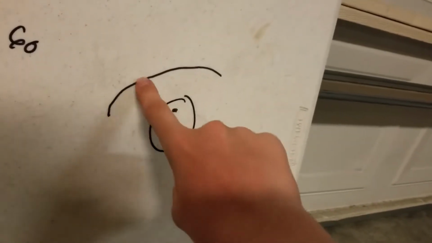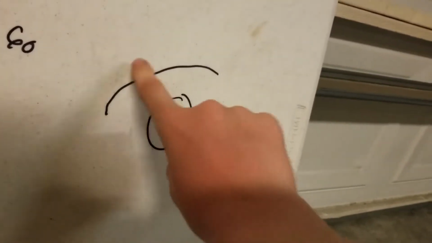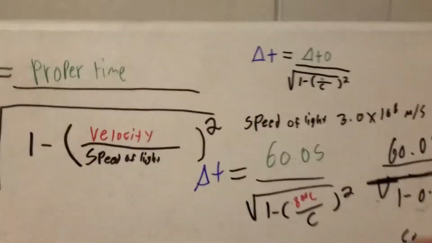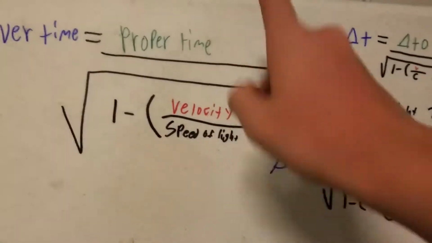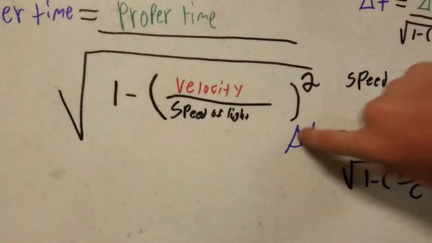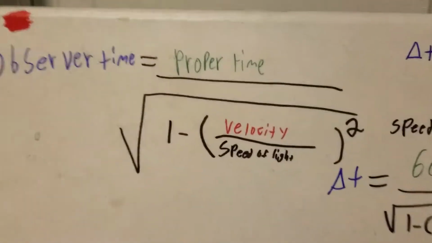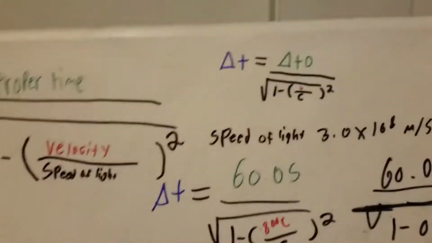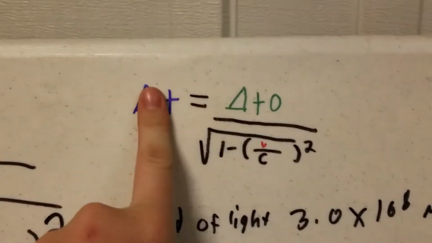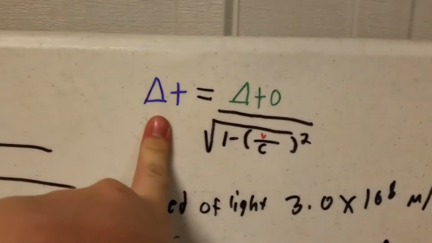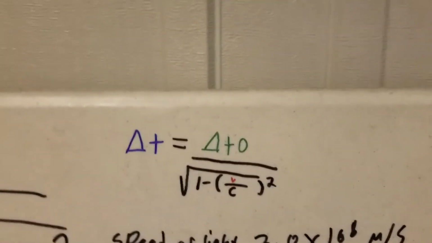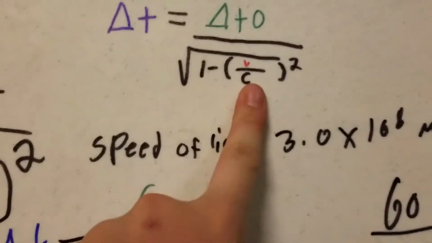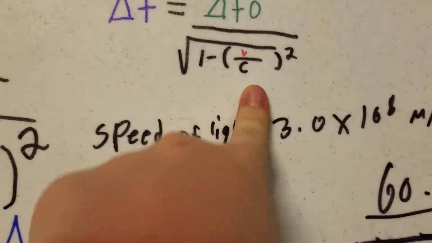So you have proper time over the square root of 1 minus velocity over speed of light squared. Now, you can simplify this down to: observer time, delta t, equals delta t zero, proper time, over the square root of 1 minus v, velocity, over c, speed of light, squared.